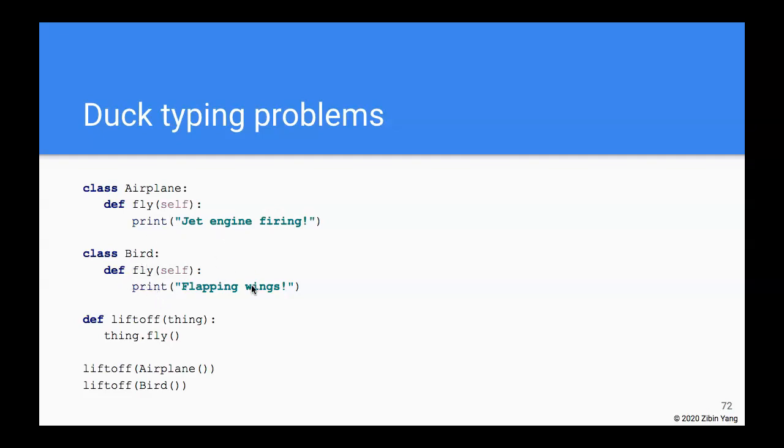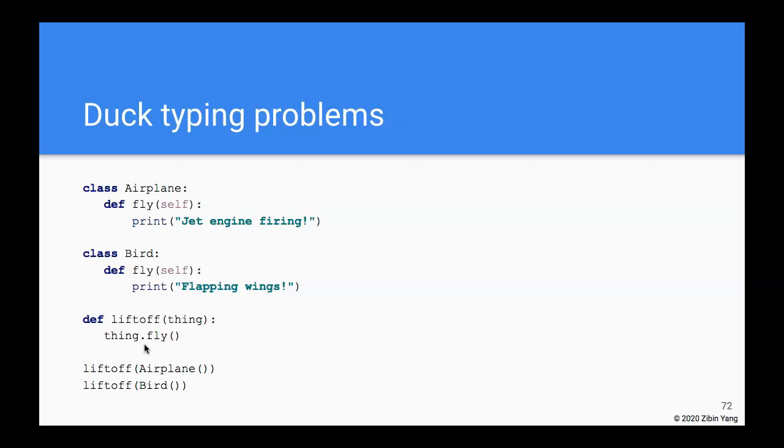They use different ways to fly, but they both mean to get in the air, right? So we can write a lift off method, and it can take a thing and it can just call that thing dot fly. And if we pass either airplane or bird to the lift off method, then there's no problem there.